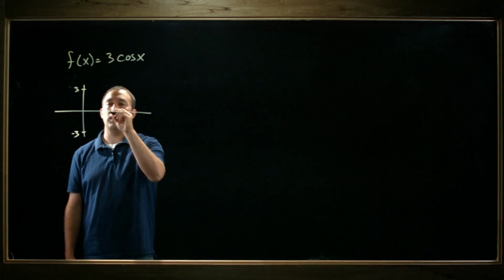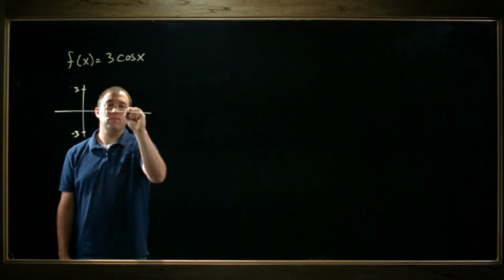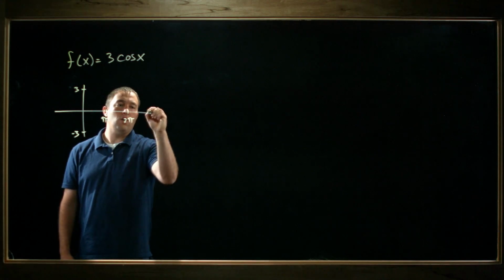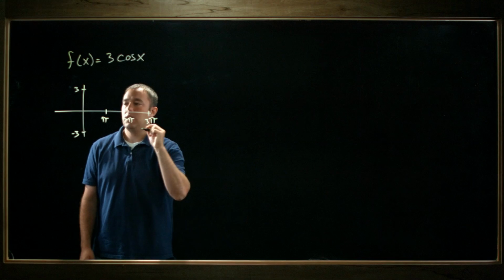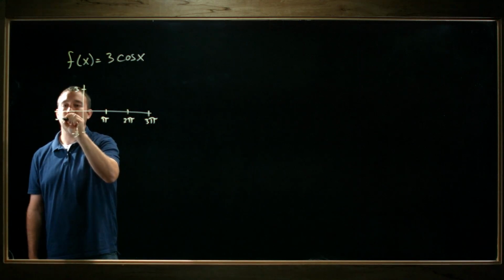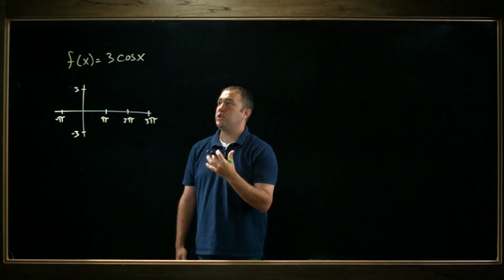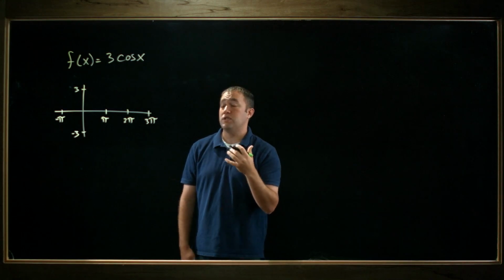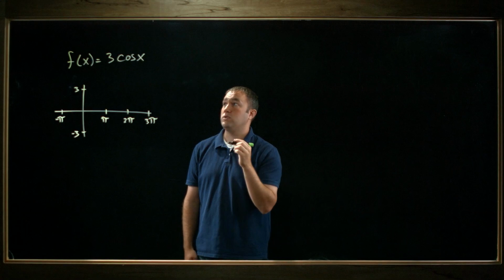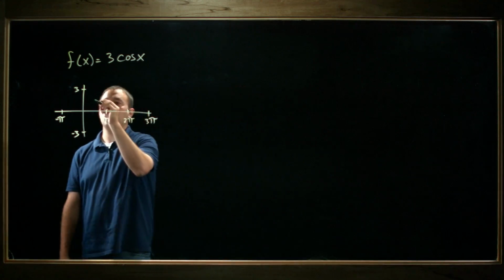I'll put pi and 2 pi. And I'll go all the way out to 3 pi this direction. And I'll go out to -pi this direction. Okay, if you remember, cosine of 0 is 1, pardon me. So 3 cosine of 0 is 3, so it starts up here.